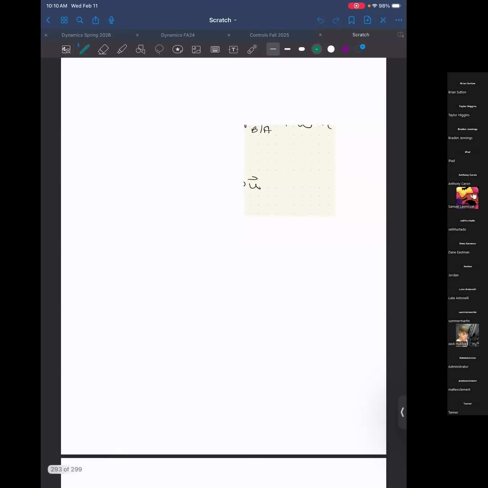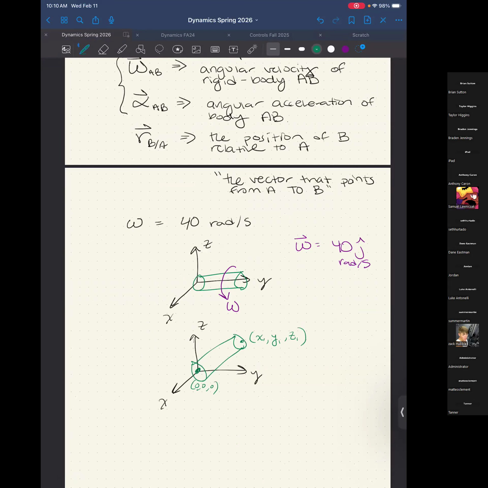And we're rotating, oh, crud, about this way. Yep. You're going to multiply the angular velocity by a vector from the rotational axis to the point that you're looking for the velocity of. Okay, let's see what that looks like.